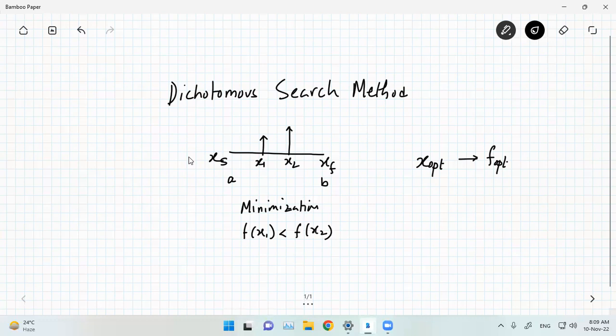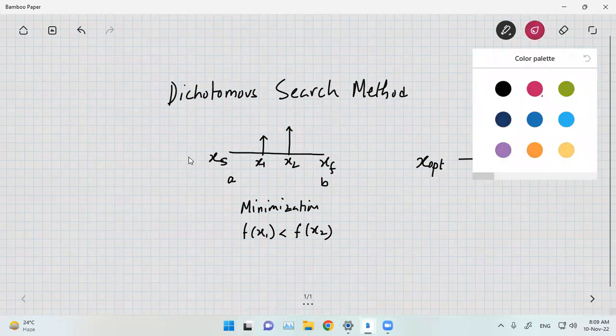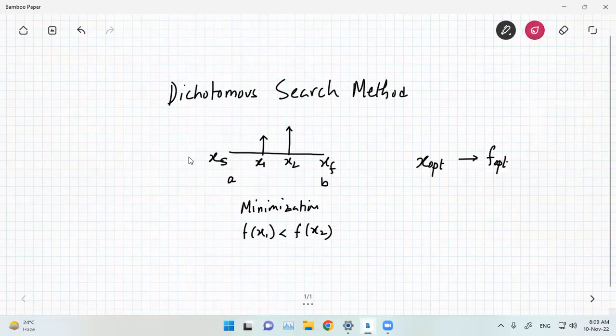Obviously, one of the criteria given at the beginning of this chapter is that this is a unimodal function, so we can only have one maxima or minima in a given interval. Since we are moving in this direction, the value is reducing and we're looking for a minimization problem, we can easily discard this portion of the interval.